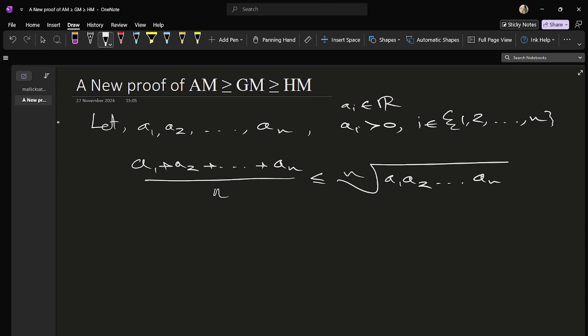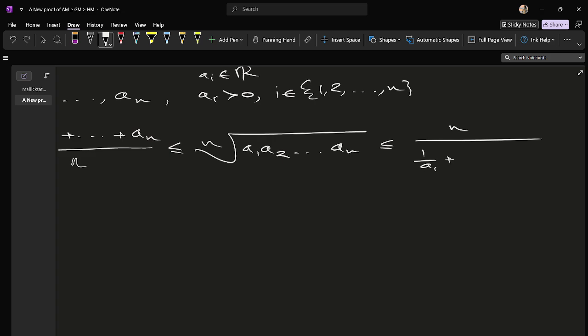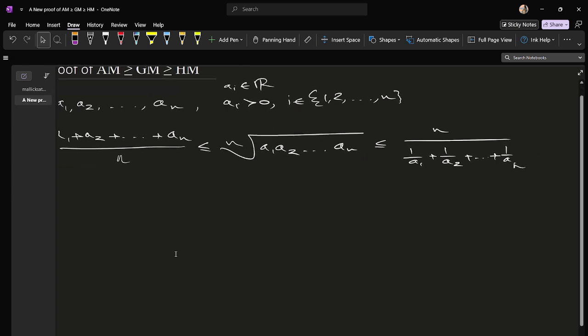And the harmonic mean is n divided by 1 by a1 plus 1 by a2 up to 1 by an. We all know this from our childhood.